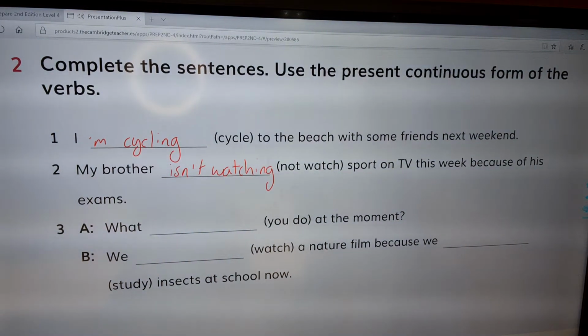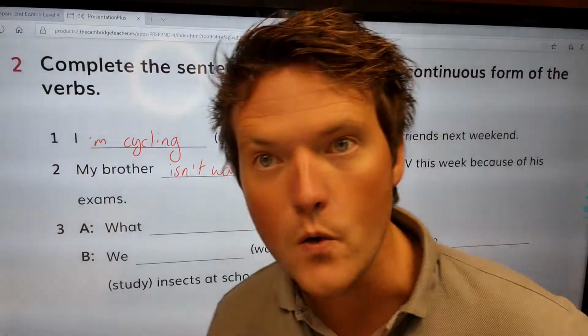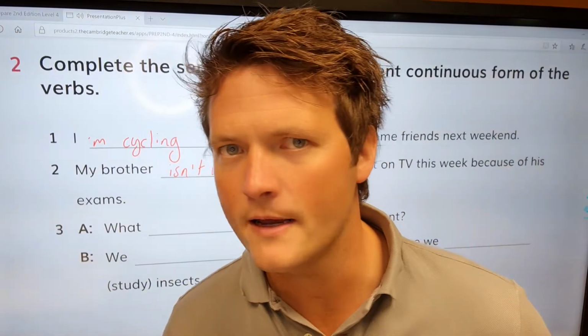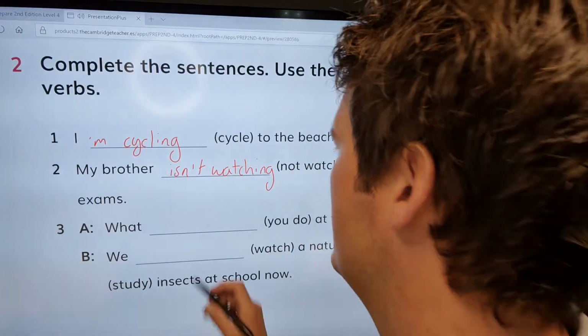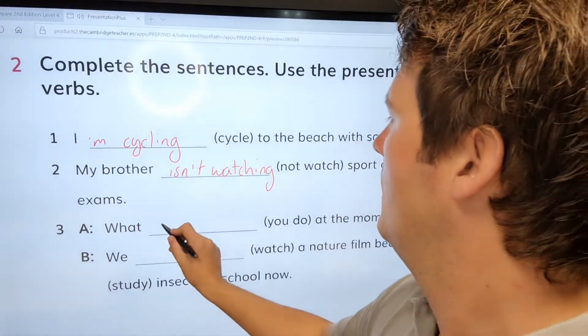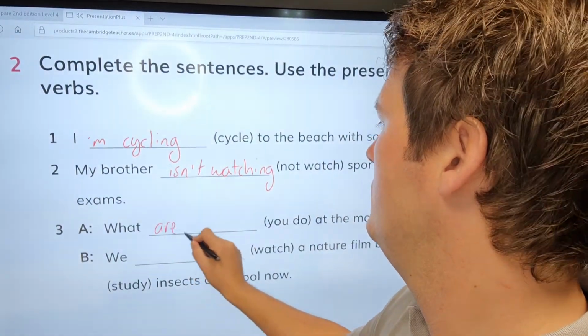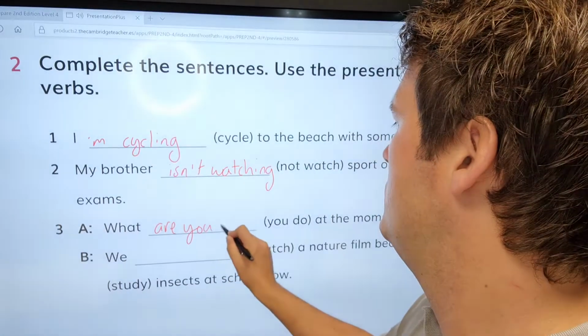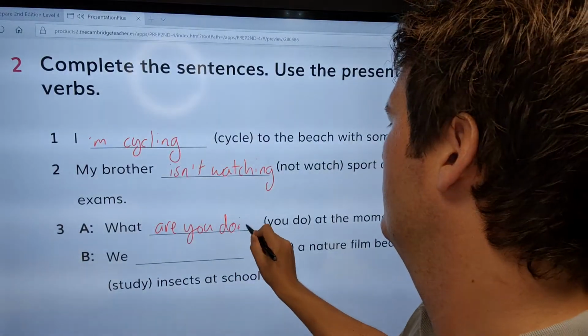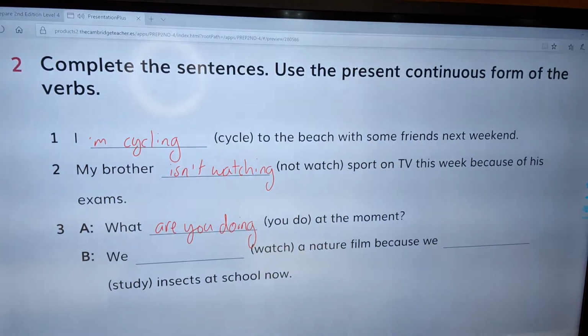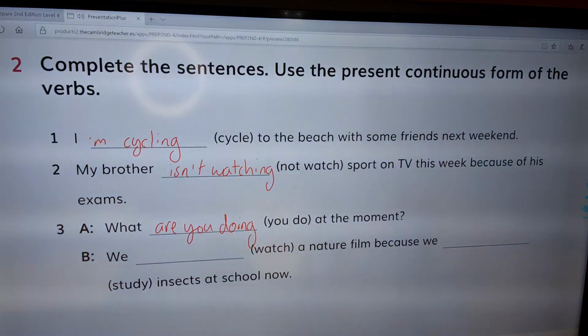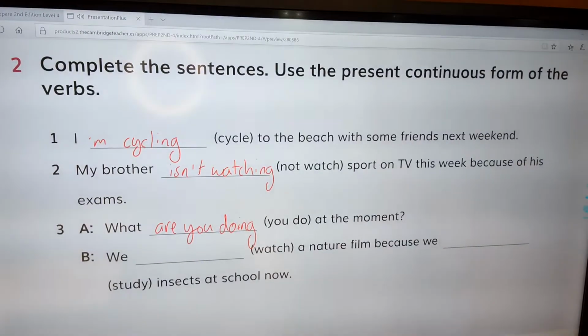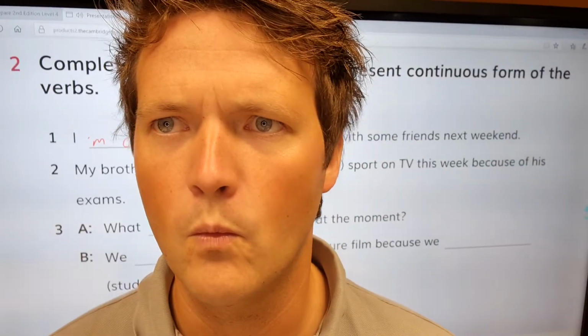3A says, what you do at the moment. I want to know what you are doing right now, right in this very moment. And this is easy, no? So what are you doing right now? What are you doing at the moment? "We watch a nature film because we study insects at school now."